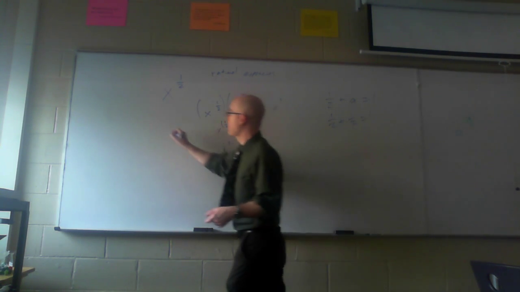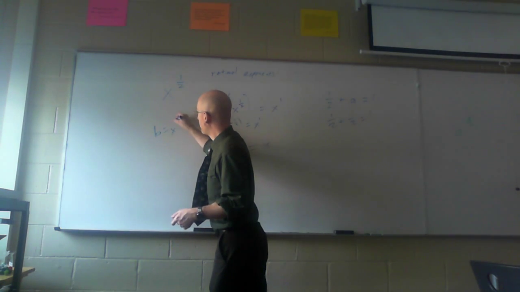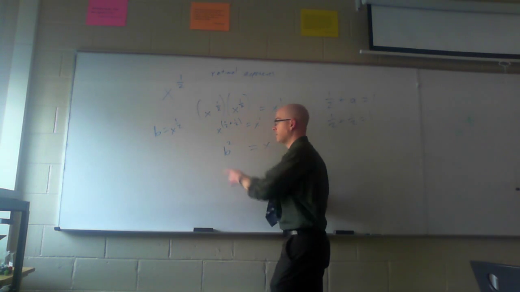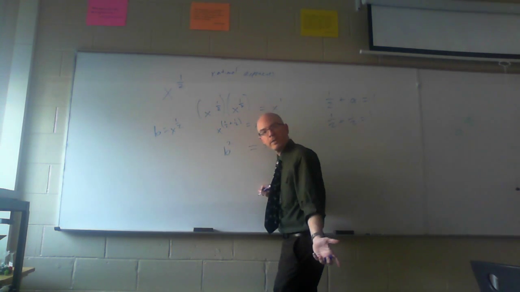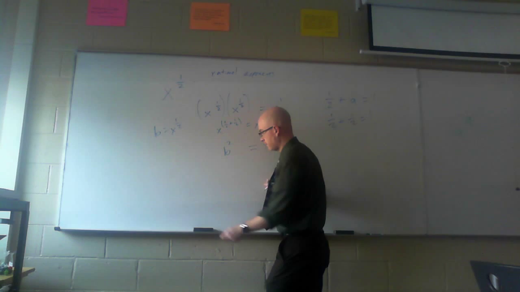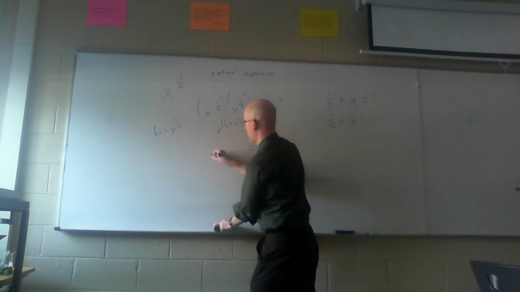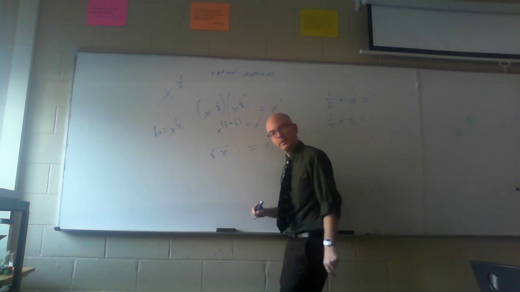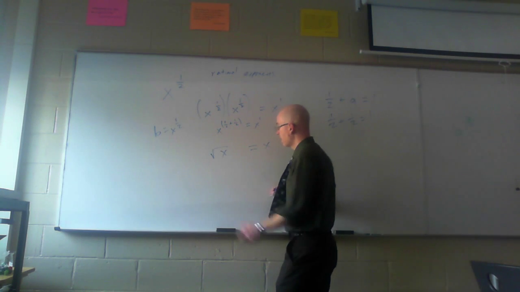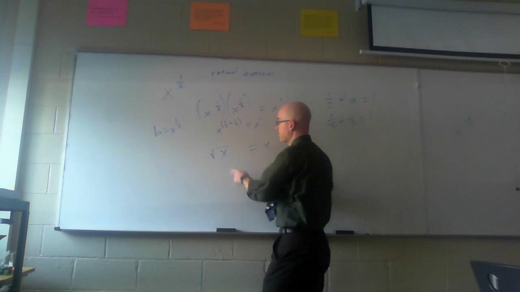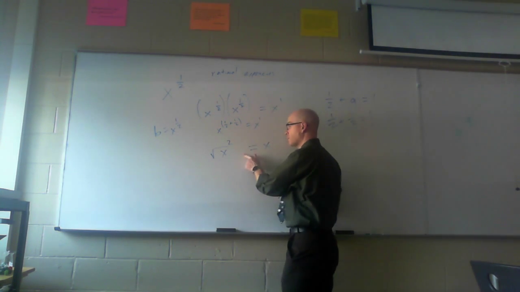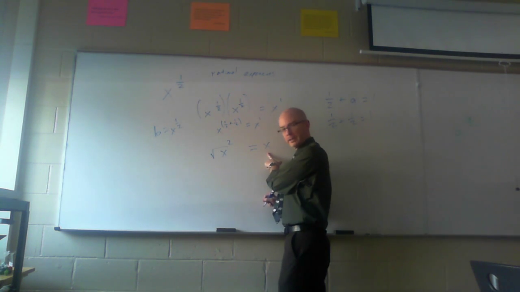Okay, b is equal to x to the 1/2, because that's squared. The only thing that would make this work would be the square root of x. Yeah? The square root of x squared is going to equal x.